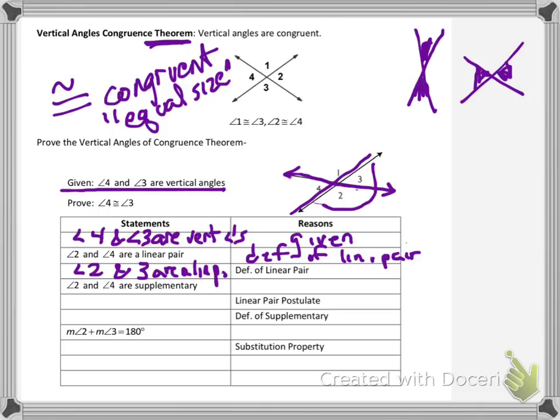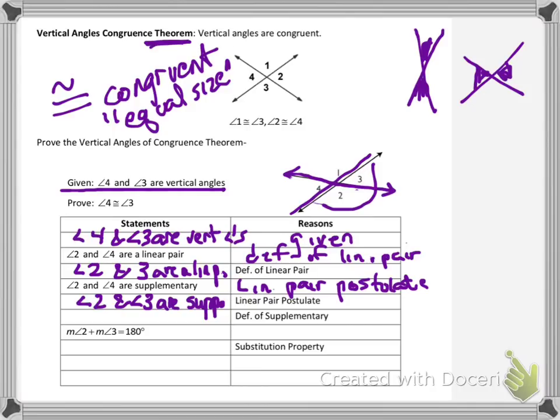I'm going to have to abbreviate here. All right. Because angle 2 and 4 are a linear pair, we know that they are supplementary by the linear pair postulate. And we know that angle 2 and angle 3 are supplementary.